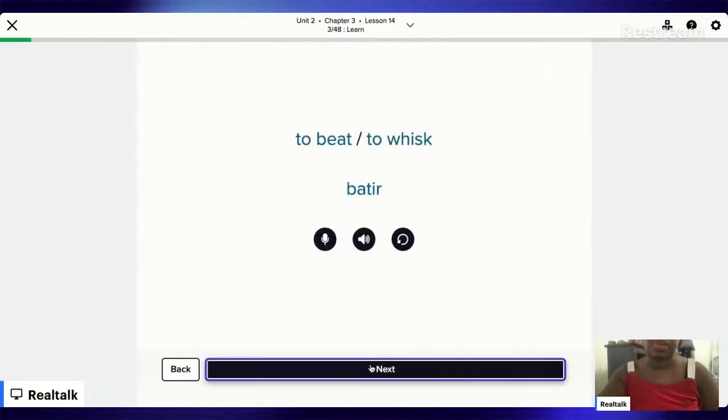Now let's learn to beat, to whisk. Batir. Beat, imperative, translates informally to bate. Imperative means like a command.